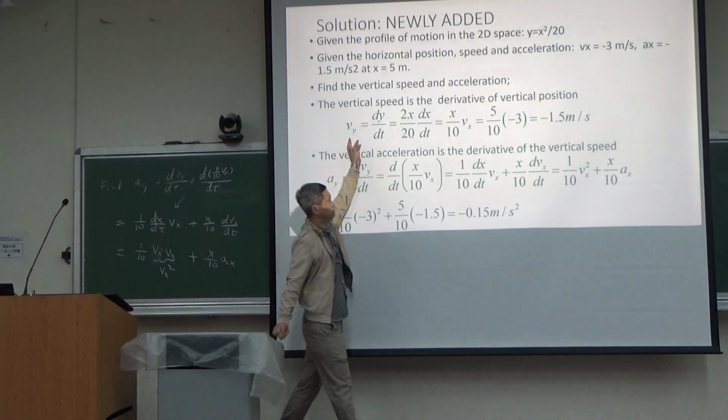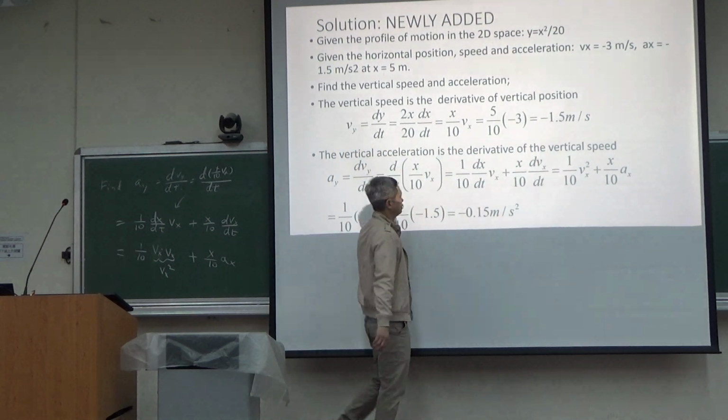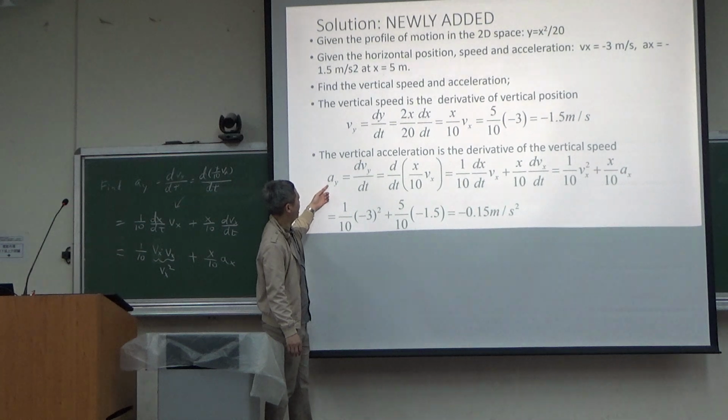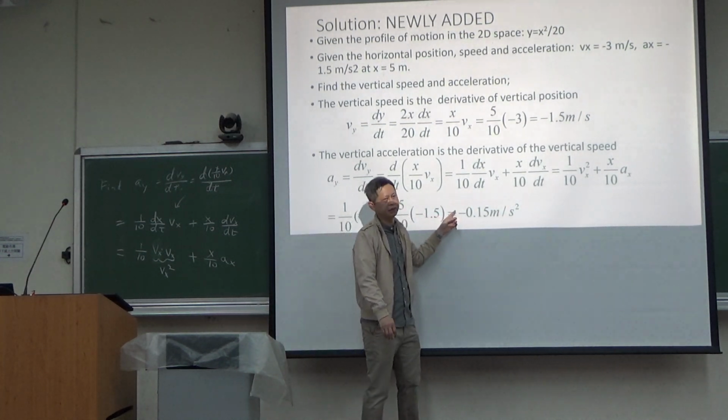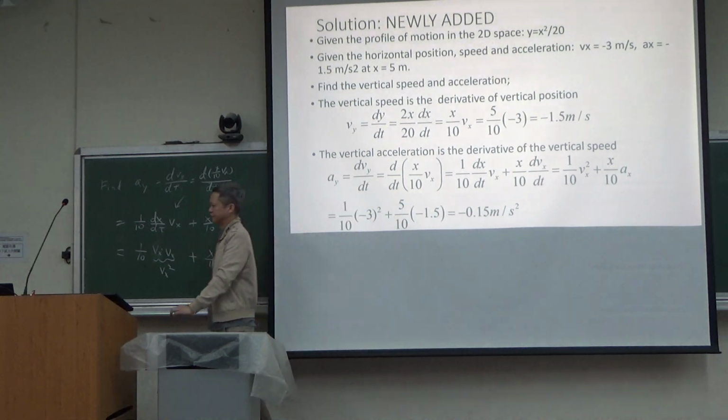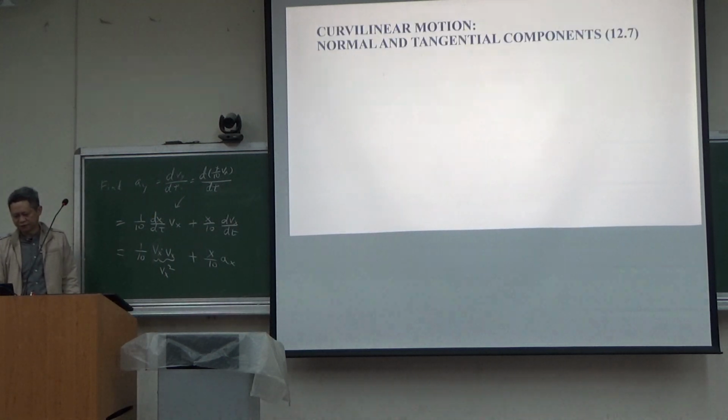Okay, so we have derived the vy, and then now ax, ay. Upon substitution of the numbers, you get minus 2.15 meters per second squared. This is how it's solved.